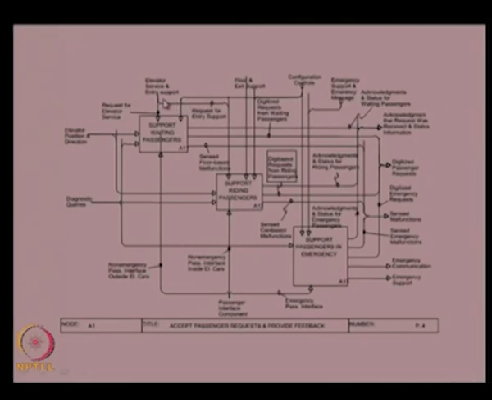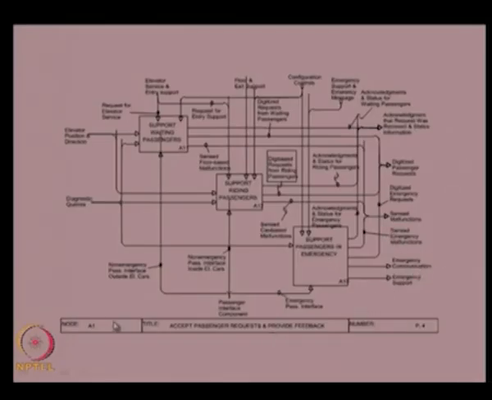In order to provide service to the passengers, the A1 function is divided into 3 sub functions: support waiting passengers, support riding passengers and support passengers in emergency.